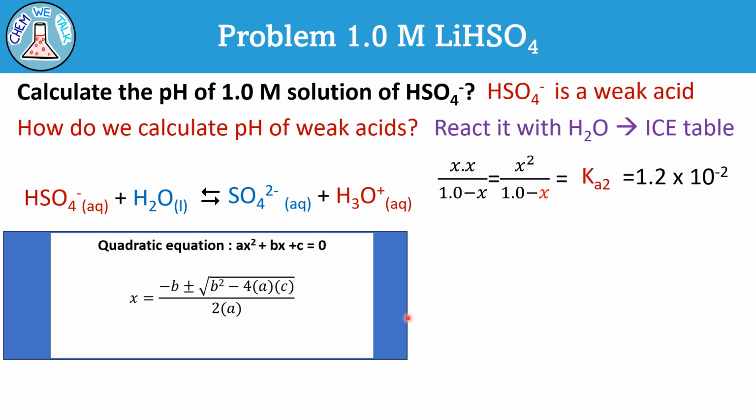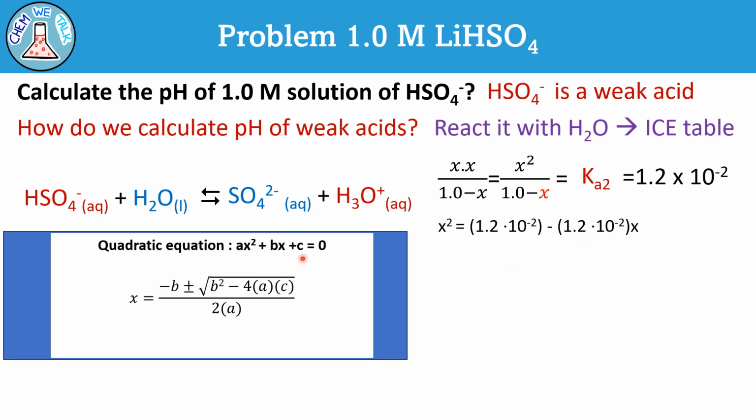Okay, so if you don't remember, here's how you solve the quadratic equation. But for that, we need to get an equation that looks like ax squared plus bx plus c. So what we're going to do now is multiply this K by 1 minus x. We're going to get x squared equals 1.2 times 10 to the negative 2, which was the product between 1 and this number, minus x times this, which is going to be minus 1.2 times 10 to the negative 2 x.